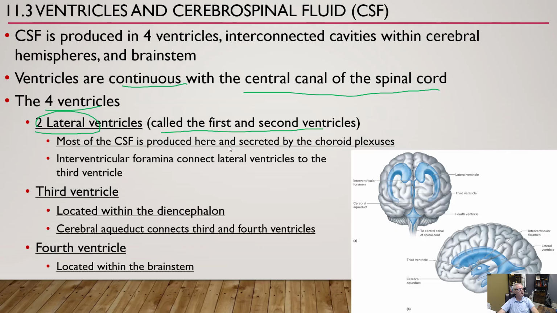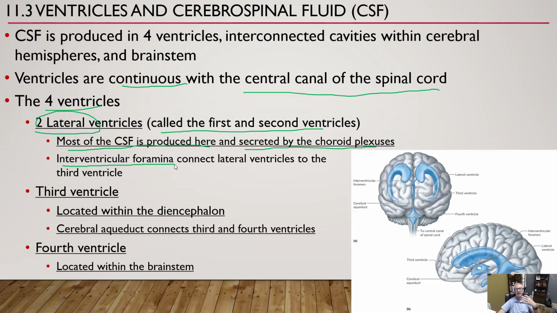And most of the cerebral spinal fluid is actually produced in those first two lateral ventricles. It's secreted by this structure called the choroid plexus. And then from the first two ventricles, or those lateral ventricles, it goes through this structure called the interventricular foramina.